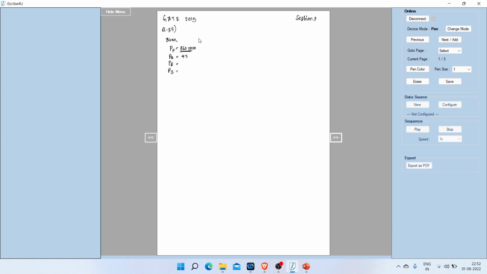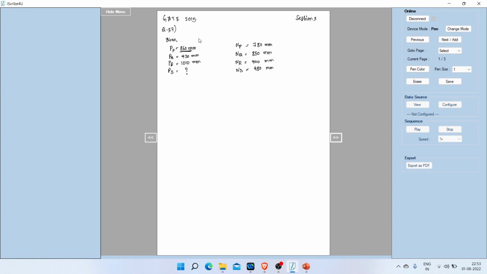PQ is 930 mm, PR is 1010 mm, and PS has to be estimated. The other information given: NP is 780 mm, NQ is 850 mm, NR is 920 mm, NS is 980 mm. This is the information given.